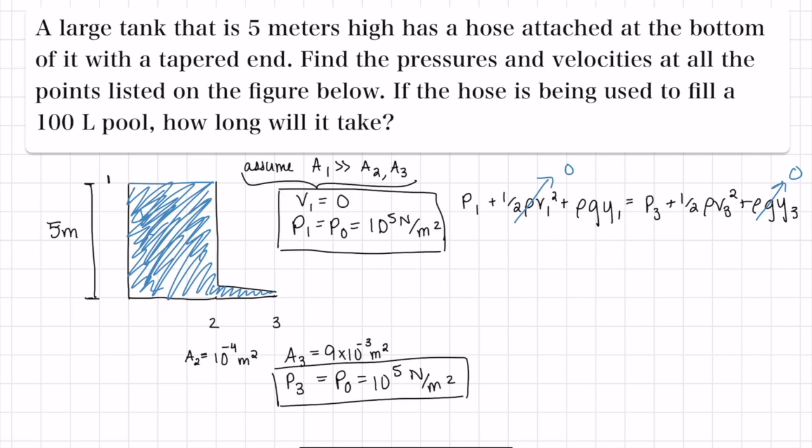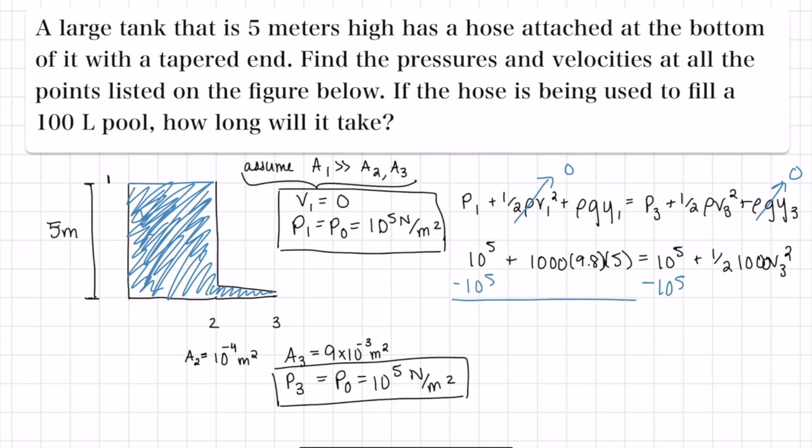And just to simplify things, I'm going to substitute in P1 and plug the numbers in. So we'll have 10 to the 5 plus 1,000 times 9.8 times 5 equals 10 to the 5 plus 1/2 times 1,000 times V3 squared. If we subtract 10 to the 5, that'll cancel both of those out.